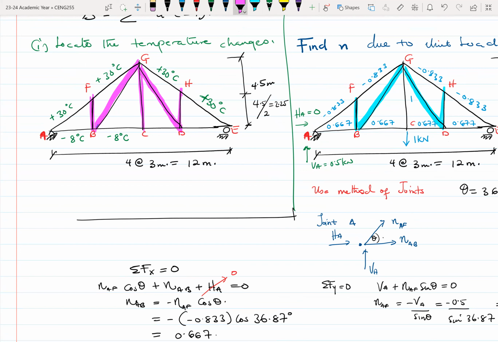What this simply means is that whatever force in the members you get from the unit load, you end up multiplying this by 0 because here there's no temperature changes. So 0 degrees for this guy here, 0 degrees for that. Zero.